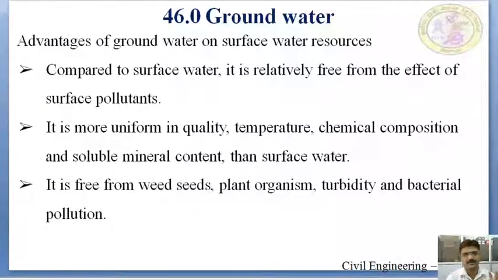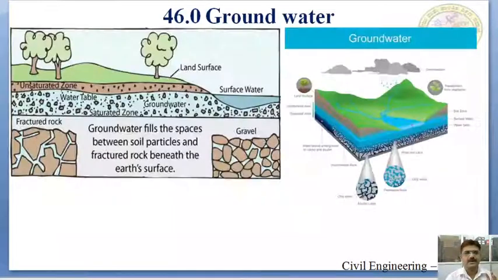Now this is the pictorial representation which shows the land surface where trees are there. When there is precipitation, water falls on the land surface and this water is percolated into the earth surface.